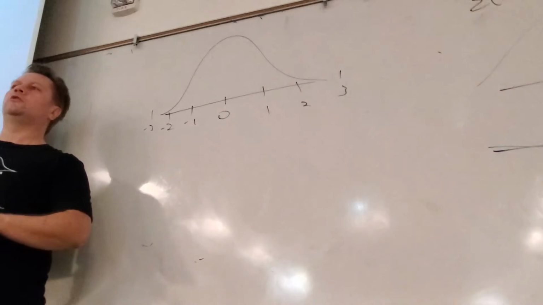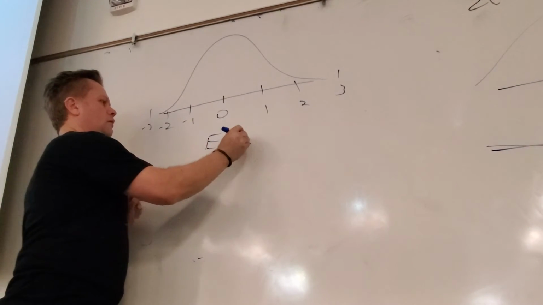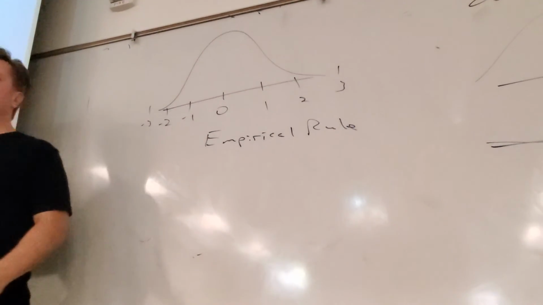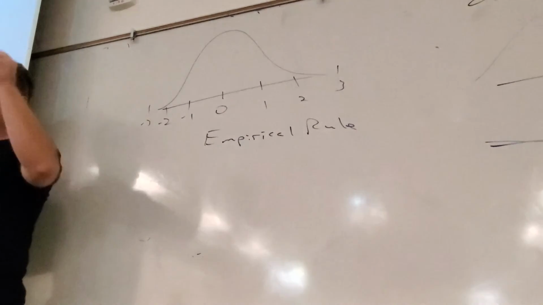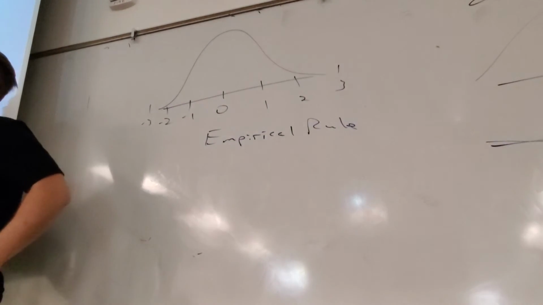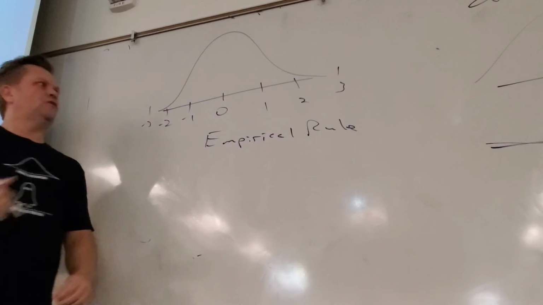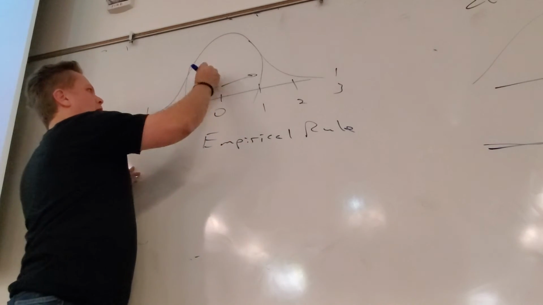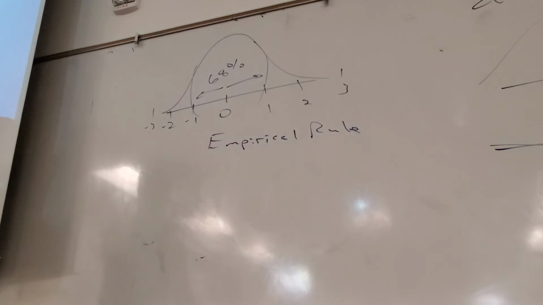There's something called the empirical rule. It kind of makes sense this thing exists because a normal curve is very rigidly defined. It has to follow this rule. Here's what this means. If I go 1 step up and down, I catch 68% of the data. So men's heights are normally distributed.